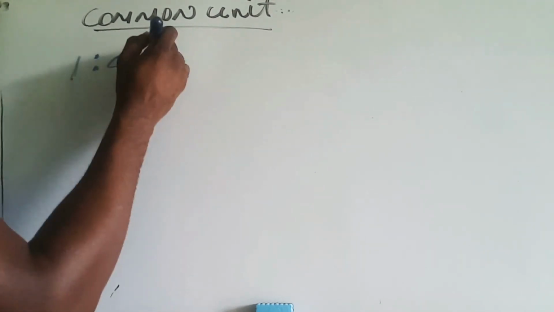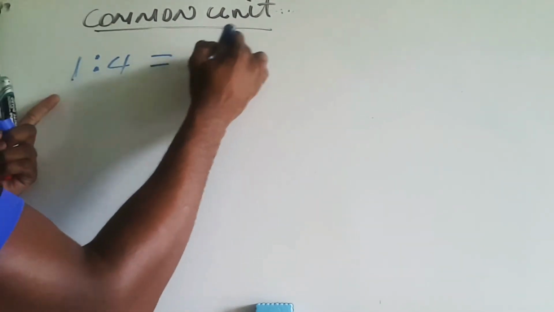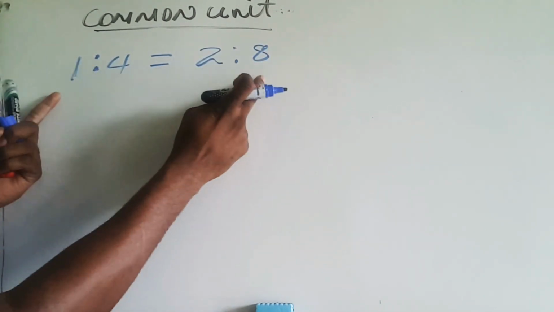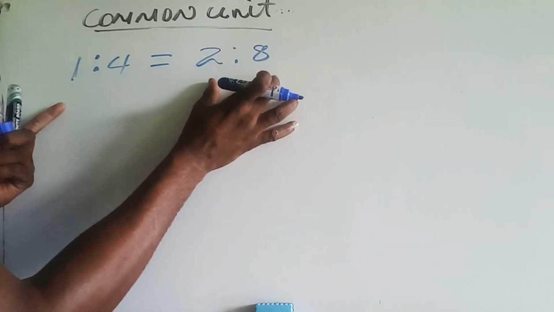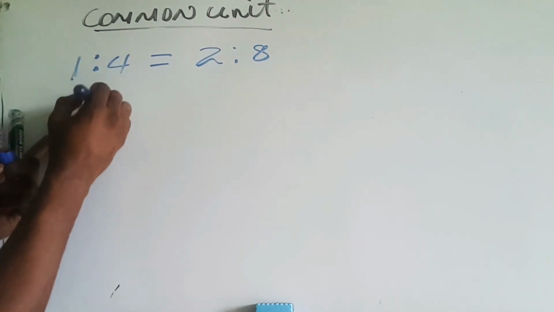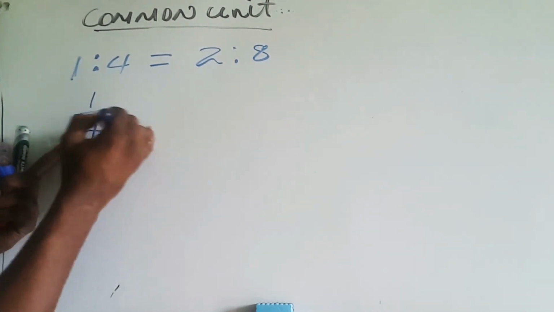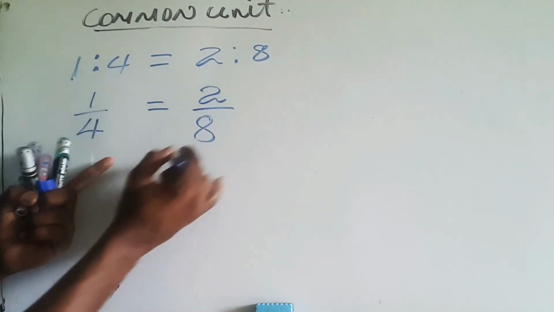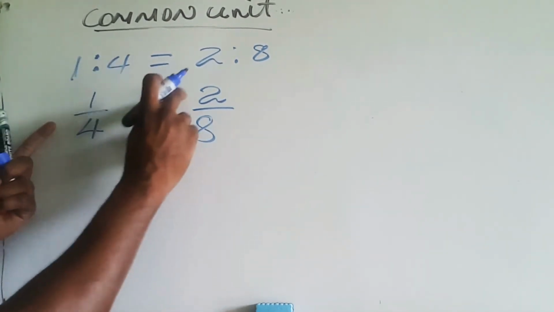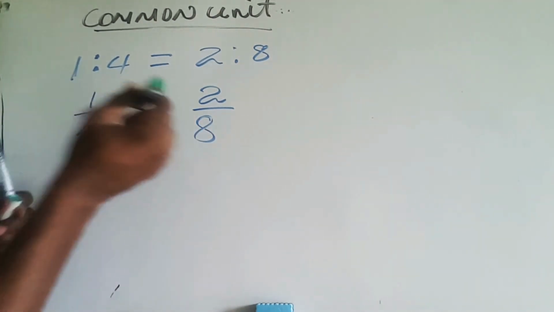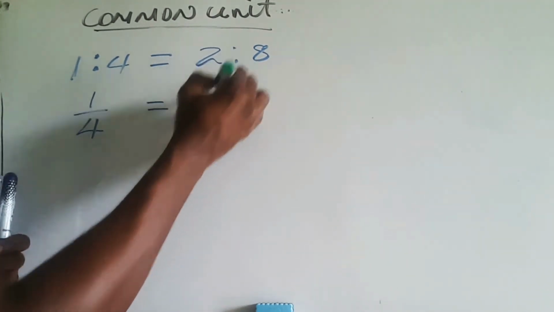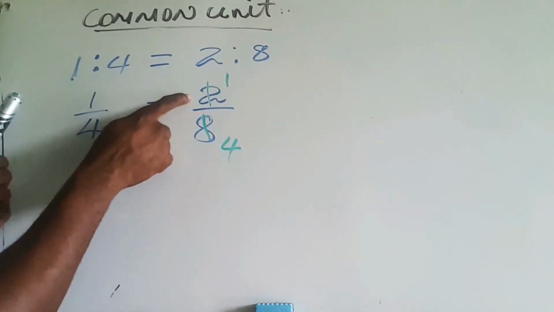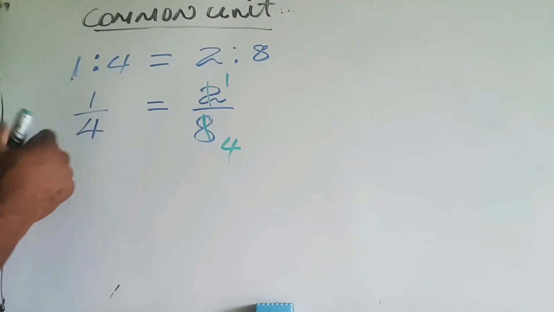So if 1 to 4 is equal to 2 to 8, we're now looking at this ratio being equal to that ratio. This ratio can be represented as 1/4, and it is the same thing as 2/8. So you could see that this ratio is this ratio. Why? Because if I cancel down 2/8, I'll end up with 1/4 equal 1/4. So 2/8 is the same thing as 1/4.